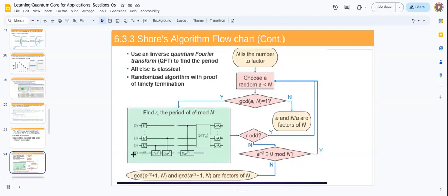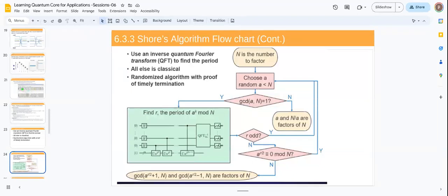This Shor's algorithm is a bit complex, but for a class of learning, we just wanted to say that a bunch of algorithms are used for a bunch of other algorithms. Like we had done the Deutsch constant and balanced, which Professor Gokhale had explained to you last time, and then the search algorithm. And now we have Shor's algorithm.